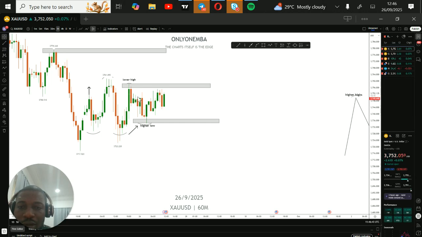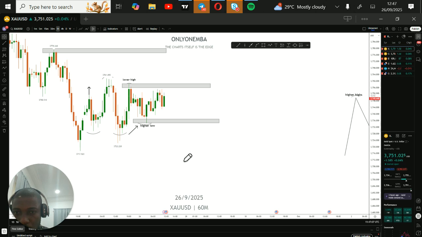You understand? So now, like I said, we are expecting what? Possibly a break above here or a break below here. If price breaks below here, we wait for the market to start giving us a higher low, a higher low, a higher low, and then a break of structure to the downside.